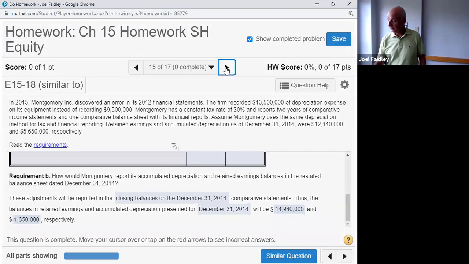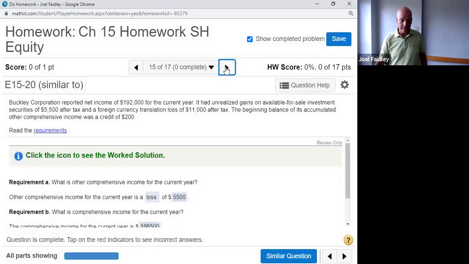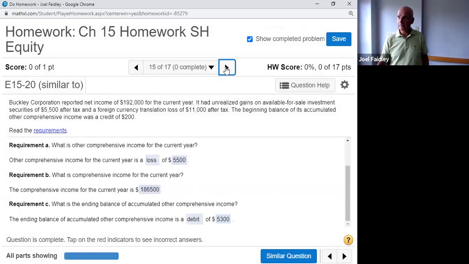All right. 15, OCI, other comprehensive income. What's going on here? So here we've got $192,000. I'll have to write this down too. Unrealized gains on available for sale. This will make more sense after the next chapter.